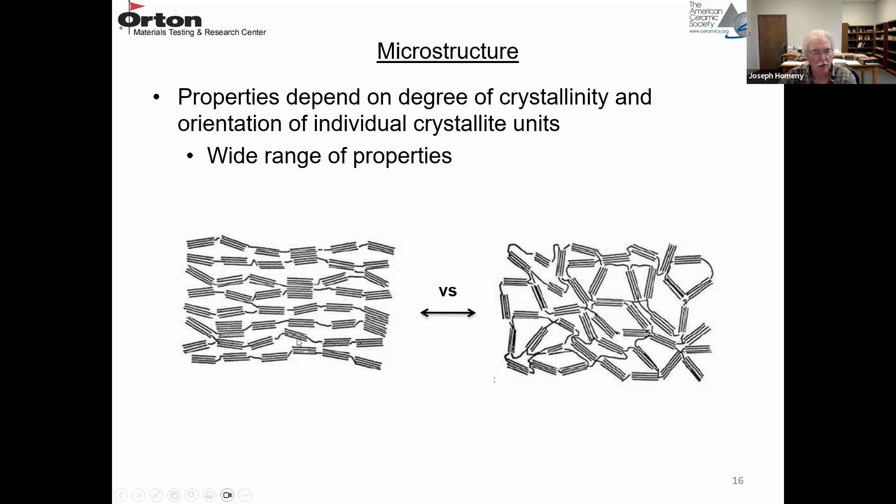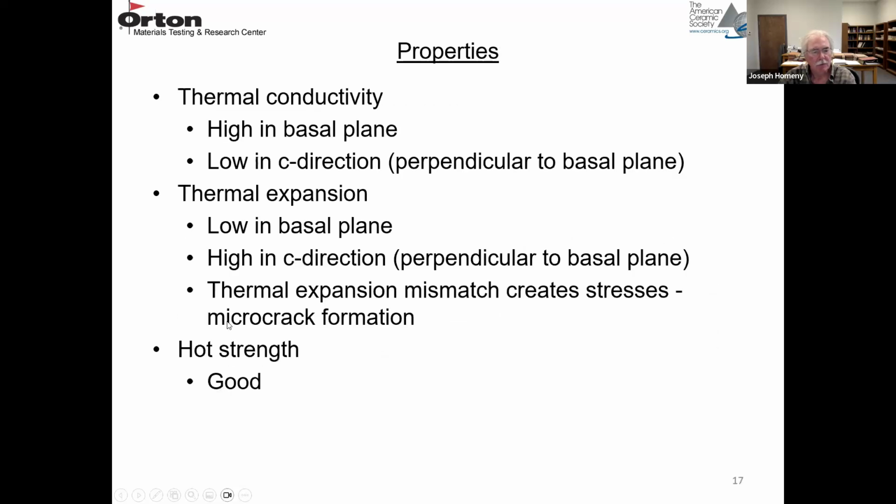And then in the vertical direction, in a material that looks like this, you'll have a high thermal expansion. That difference in thermal expansion is substantial in those two directions. It's quite large. So the thermal expansion mismatch in a material like this is going to create stresses. Stresses are going to lead to microcrack formation.